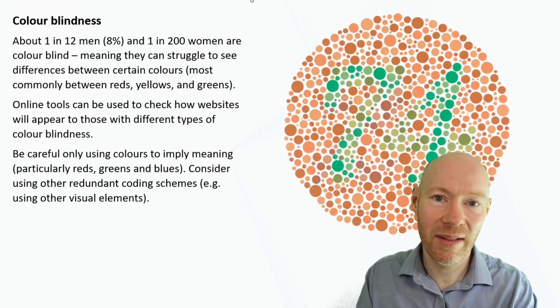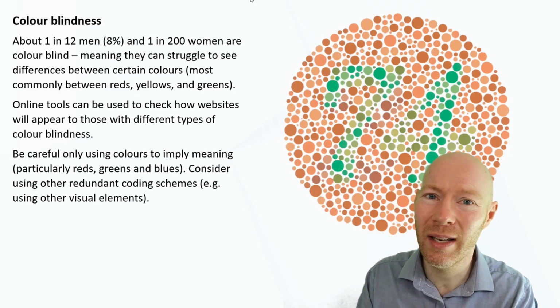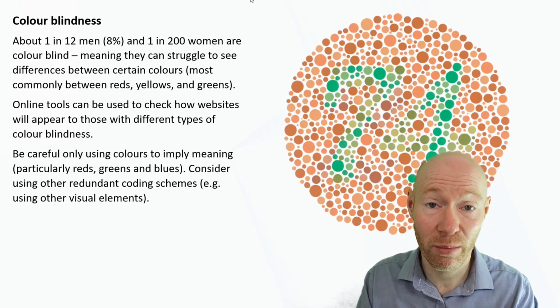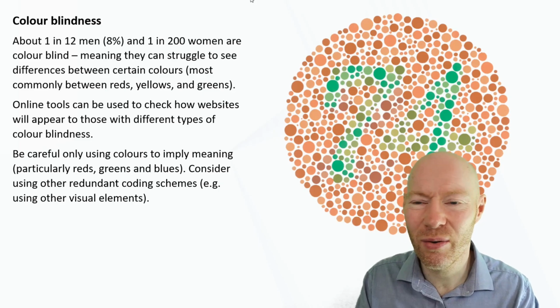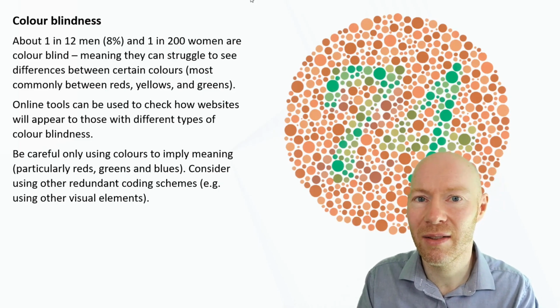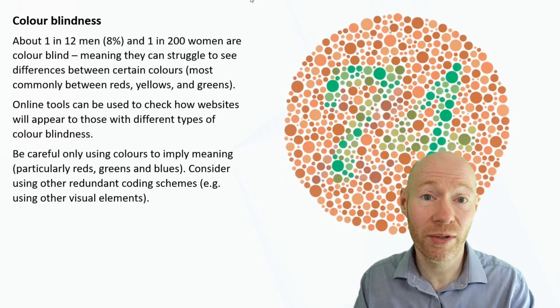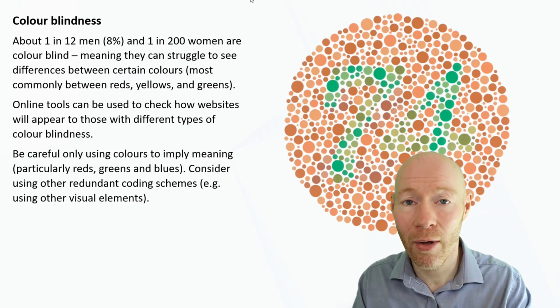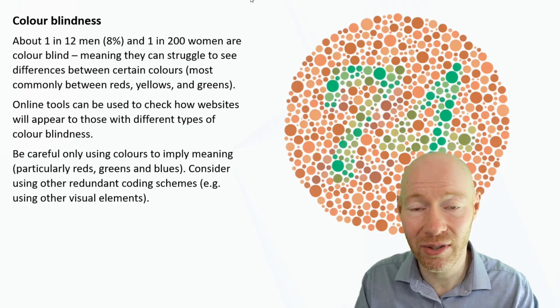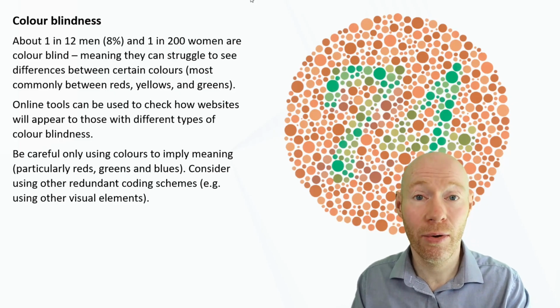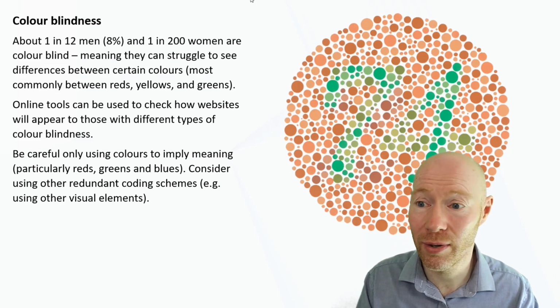So the takeaway here is be careful only using colors to imply meaning, particularly for reds, greens, and blues. They're the colors that we shouldn't use exclusively. And if you do want to do that, make sure you have other ways of highlighting or differentiating between the items, between the data, other than simply using color on its own.